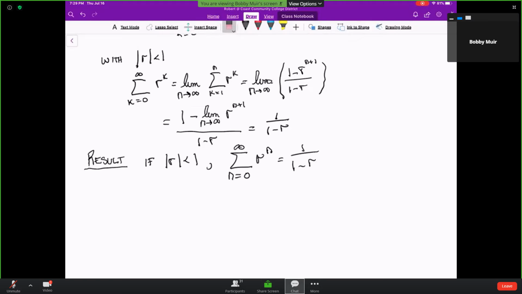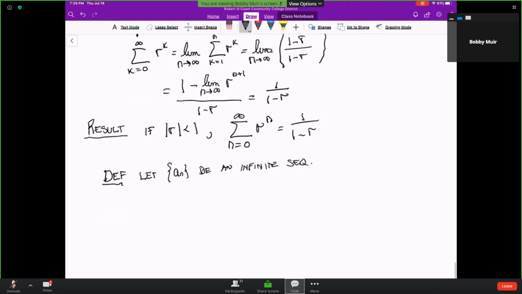So to decide whether or not a series is going to converge, we'll steal a page out of what we just did here. So here's our definition. Let a_n be an infinite sequence starting at wherever.